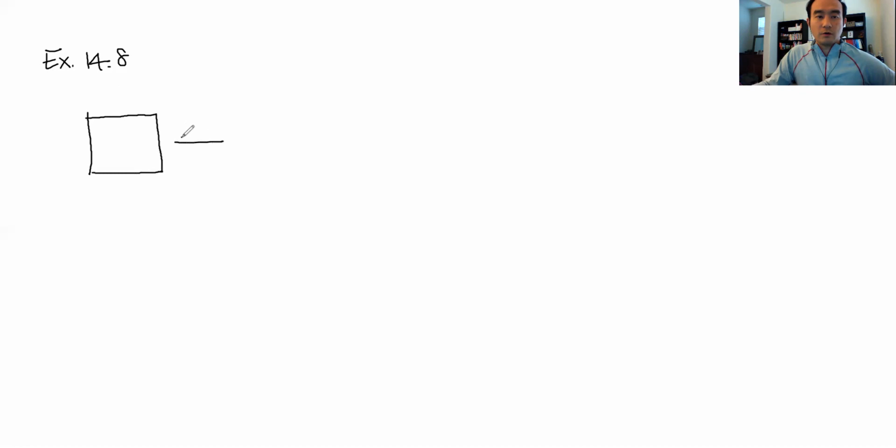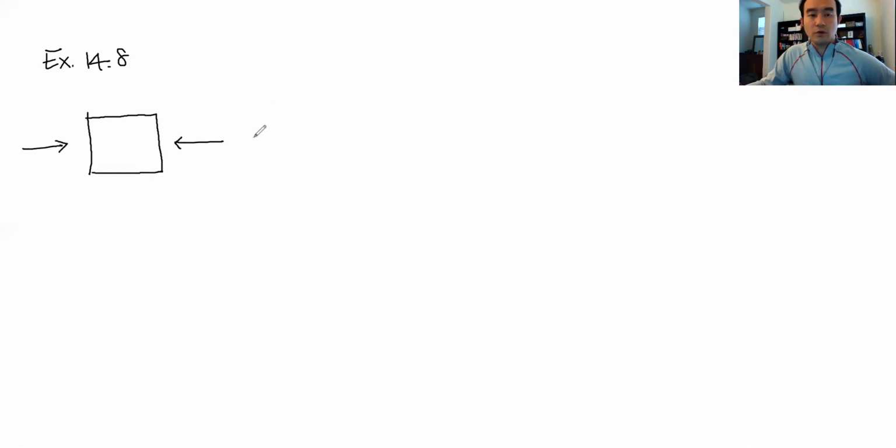Okay, here is example 14.8. So the question is this. Here we have a state of plane stress, and it looks something like this. So this is a stress block, representing our current state of stress.